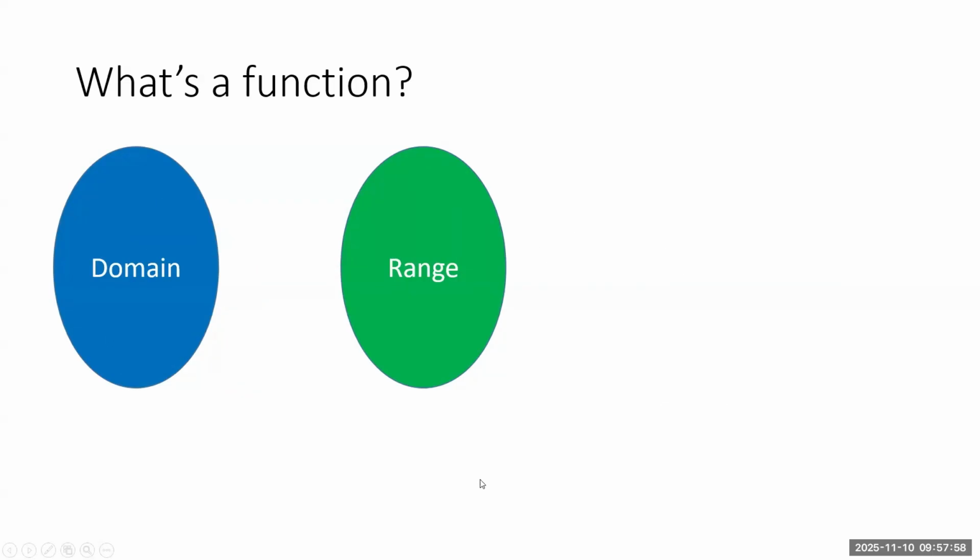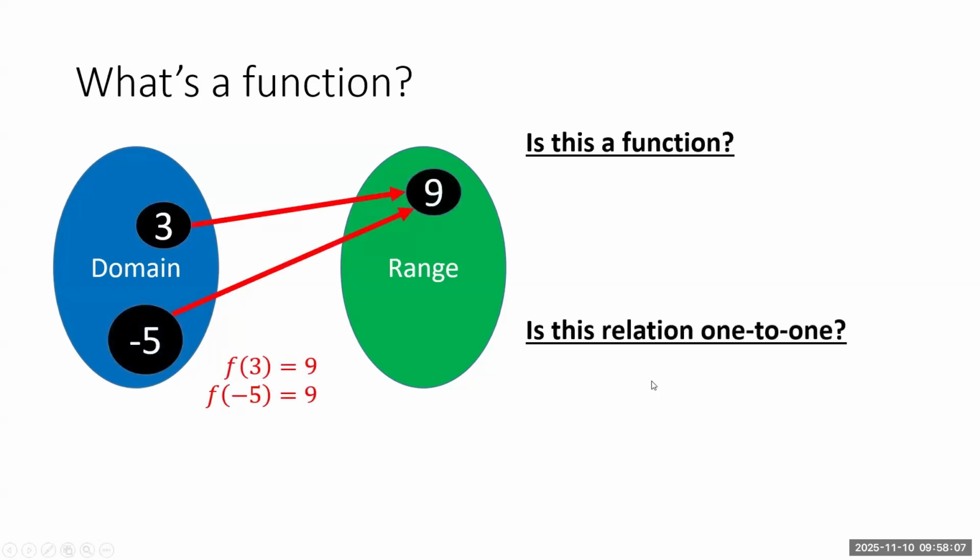Now we'll go back to our domain space and our range space. We'll examine a different mapping. Suppose in the domain space, I have 3 and -5. In the range space, I have 9. Suppose 3 and -5 both have red arrows starting from them in the domain space to 9 in the range space.